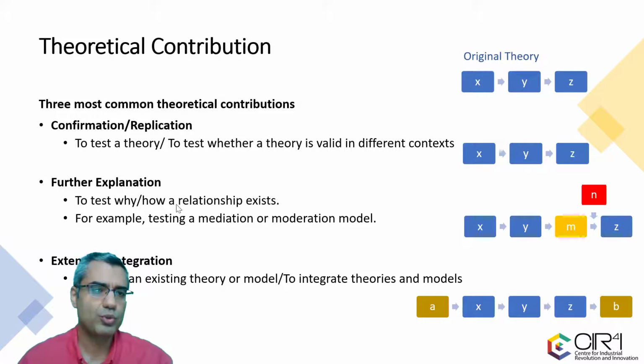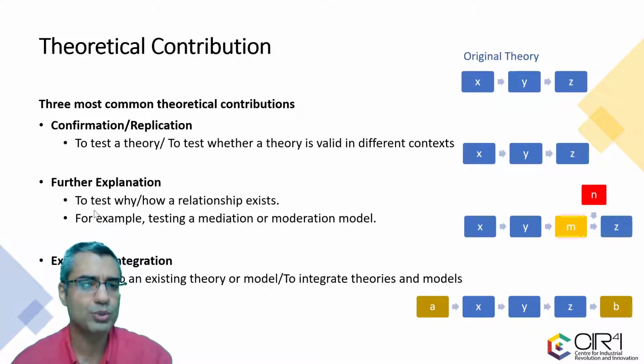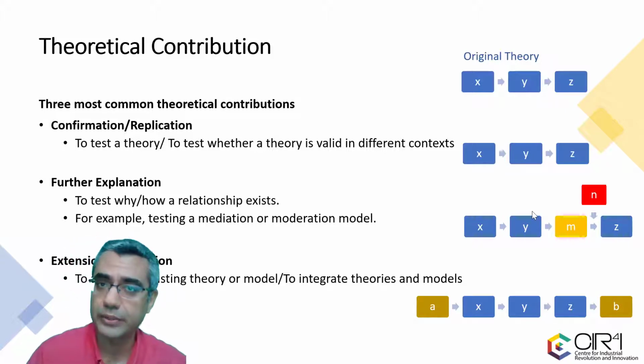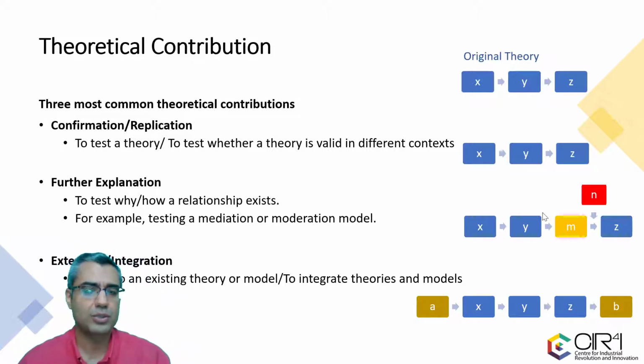another theoretical contribution can be further explanation. It means we already know the relationship between X, Y, and Z. Now we want to know more about it. In other words, to test why or how a relationship exists. Why is there a relationship between X and Y, or Y and Z, or how does this relationship exist? So in this case, you may add a mediator or moderator or both of them or several of them.